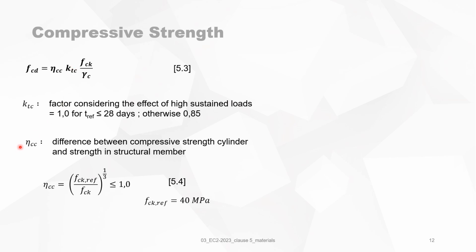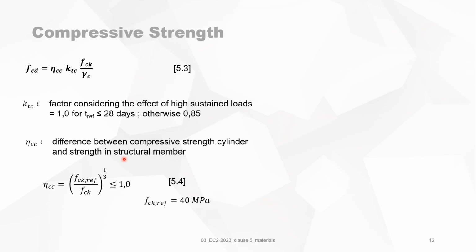And eta_cc is a factor explaining the difference between the compressive strength of cylinders and the strength in the structural member. So we do the test on cylinders, but the concrete put in place, like in a slab, a beam or a column, behaves a little bit differently.